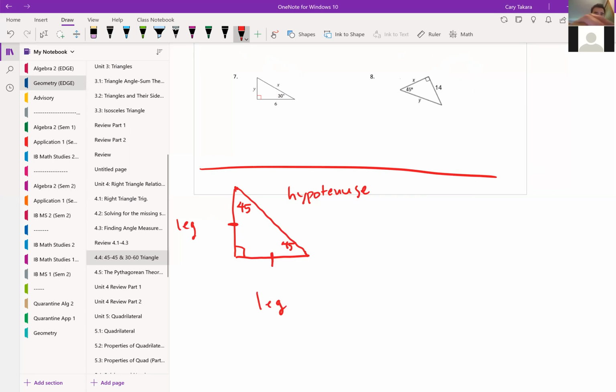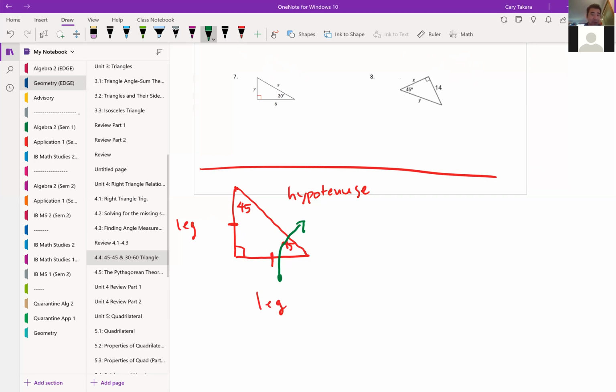So let's explore. Let's say you do know the length of the leg, let's say the leg is 5 inches. How do you find the hypotenuse? Does anybody remember how to do that? If you know the leg, how do you find the hypotenuse?